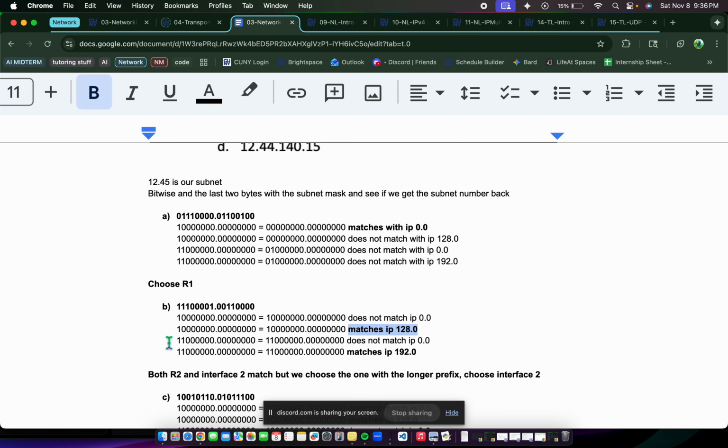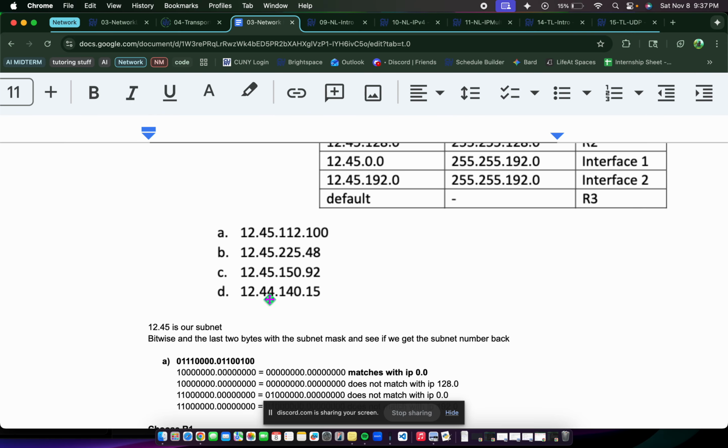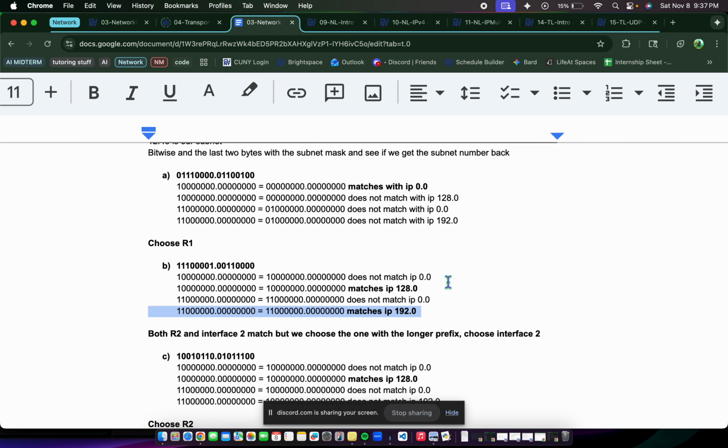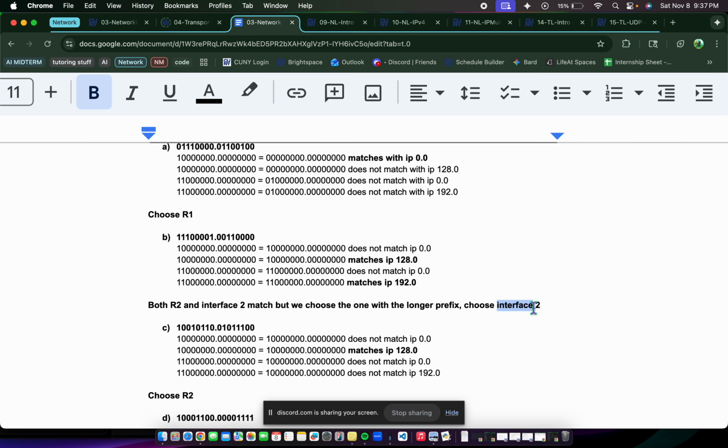But again, we still have to do the others. Okay, do it with 192. We get 192 back. Does not match with 0. 192, get 192 back. Oh, look at that. It matches 192. All right, which one has a longer string of consecutive 1s? This has 1. This has 2. We take the 1 with the longer prefix. So it's the bottom one, which corresponds to interface 2. So interface 2 is the one that we choose.